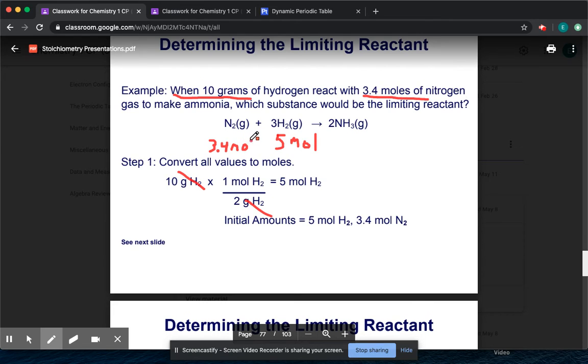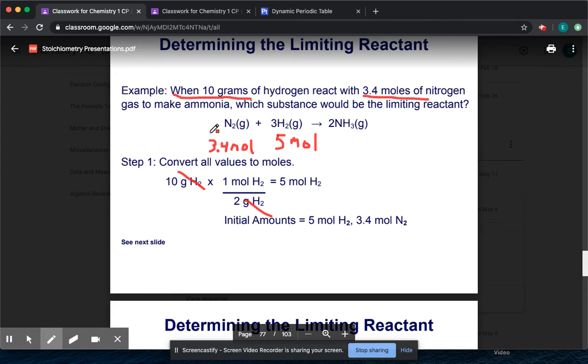Okay, now let's look at the recipe or the chemical equation. To follow this recipe exactly, for every 1 nitrogen, you need 3 hydrogens, which means you need triple the amount of nitrogen in hydrogen. With that in mind, you can do what's 3 times 3 in your head.